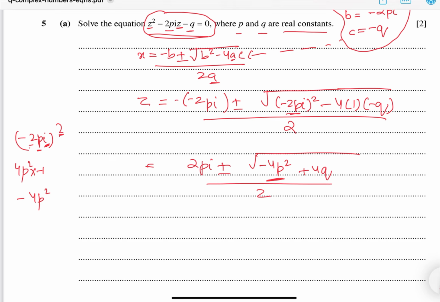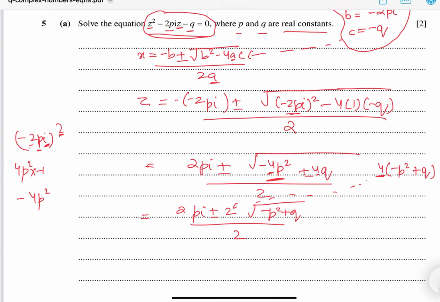Okay, can we take 4 common inside the bracket and bring it outside? It will become 2. So 2pi plus minus 2 square root of negative p square plus q, upon 2. How? Take 4 common from here. So it will become 4 times (negative p square plus q), and now the square root of 4 is 2, so I brought it out.